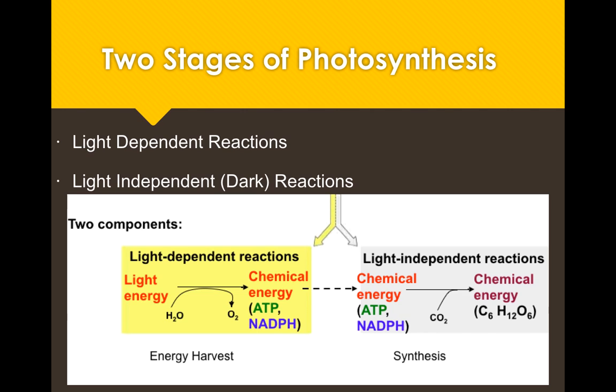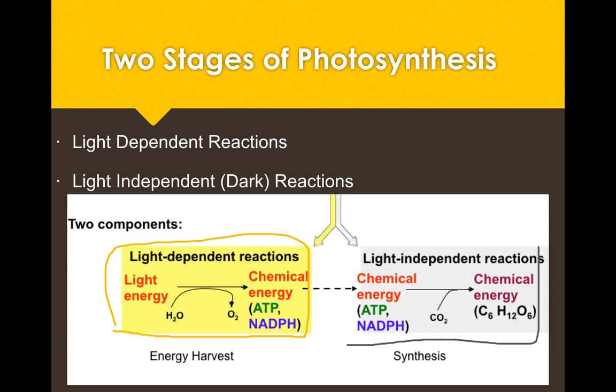So again, the two stages of photosynthesis. In the yellow here, we have the light dependent reactions, and in the gray here, we have the light independent reactions, also known as the Calvin cycle.